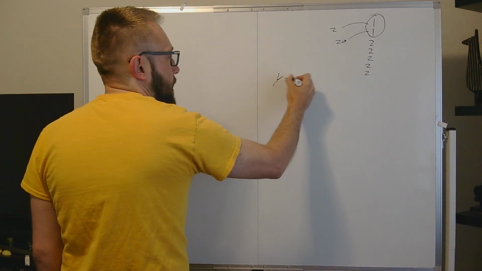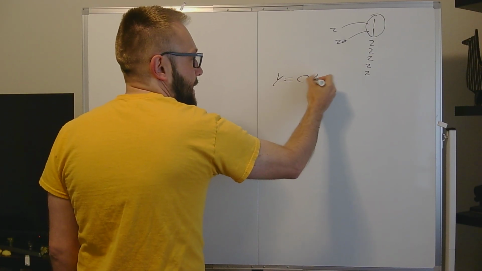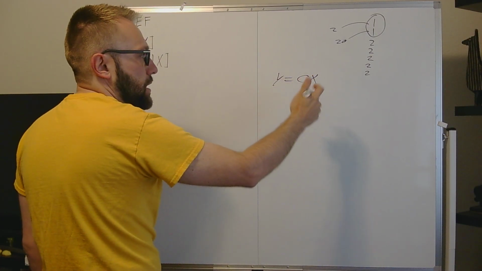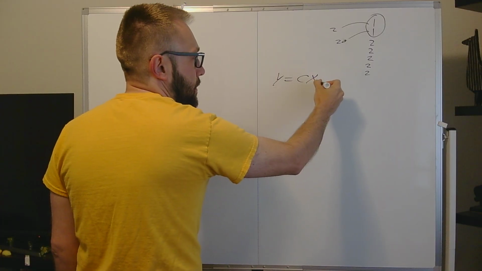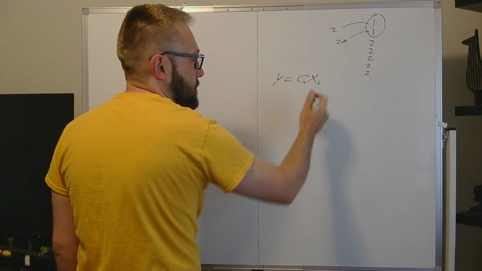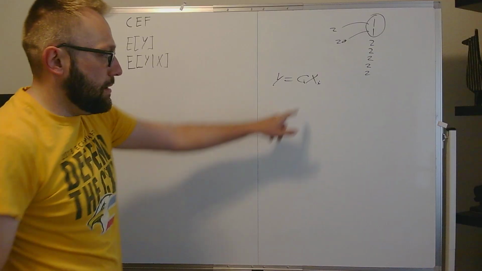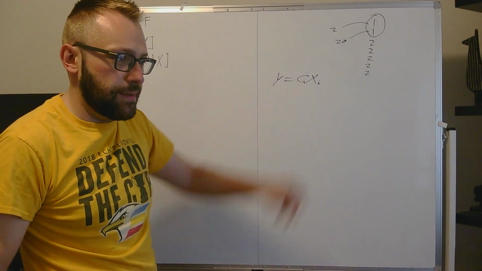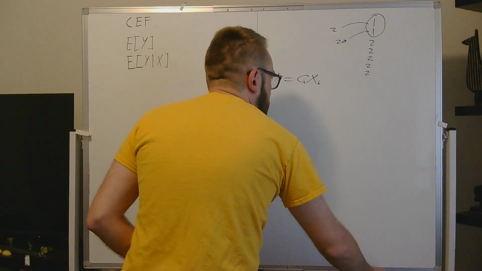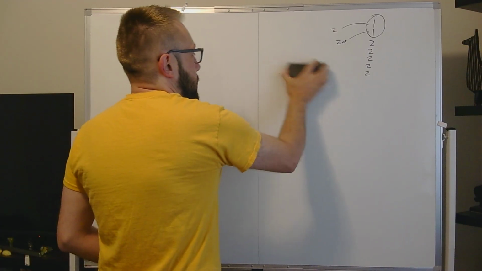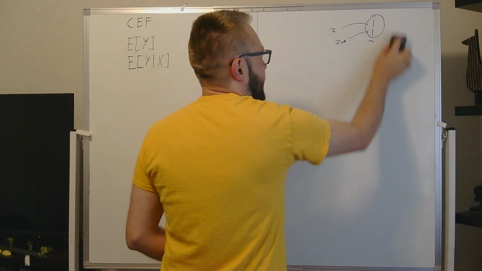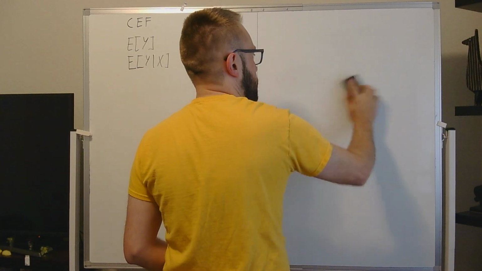So y equals some constant times x potentially, but that also varies from individual to individual. So the constant has subscript i and x has subscript i. Hopefully I haven't buried you too far yet in confusion. That's not my intent here.